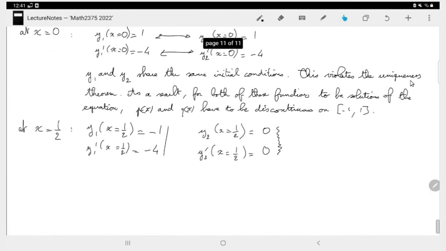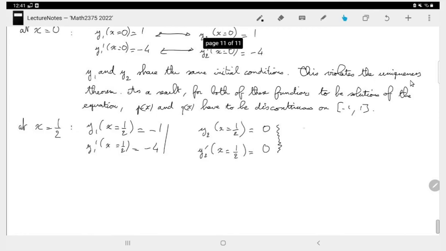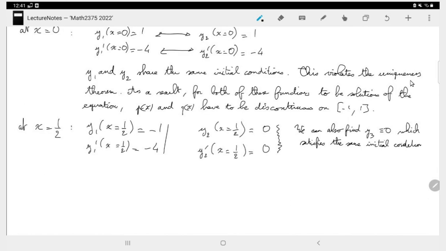And this solution, 0, has the same initial conditions as y2. So we can also find y3, which is identically 0 on the whole interval (-1, 1), which satisfies the same initial conditions as y2.